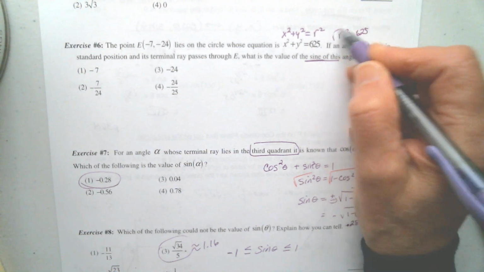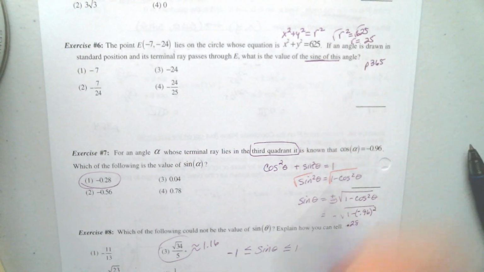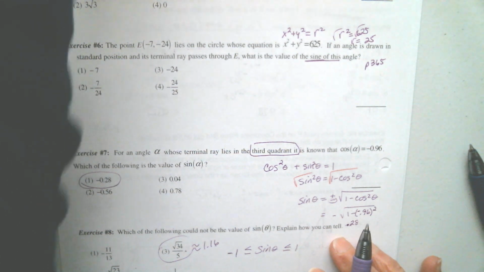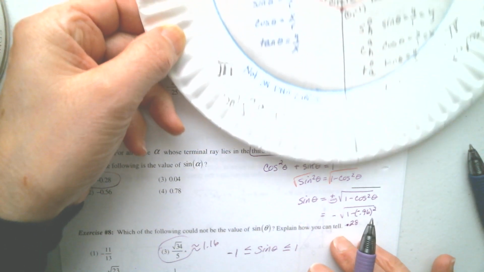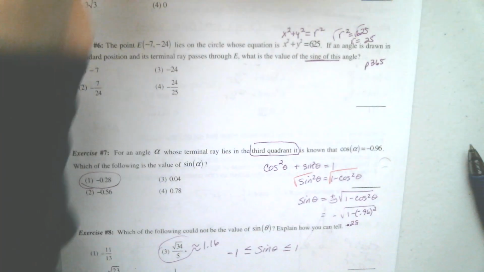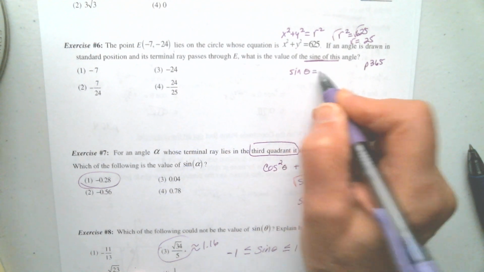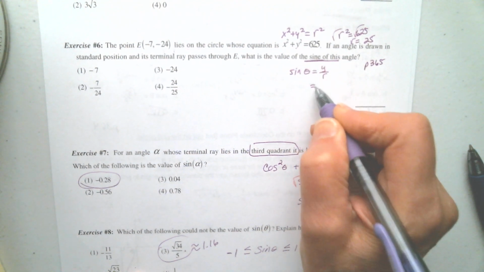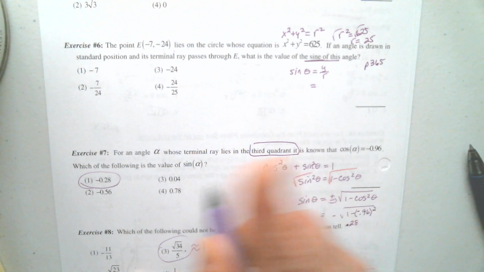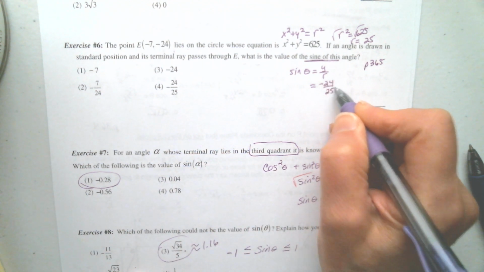What is the square root of 625? All right, it's 25. So now, if we're looking for sine, right, we can take just y over r. So the sine of theta is -24/25.